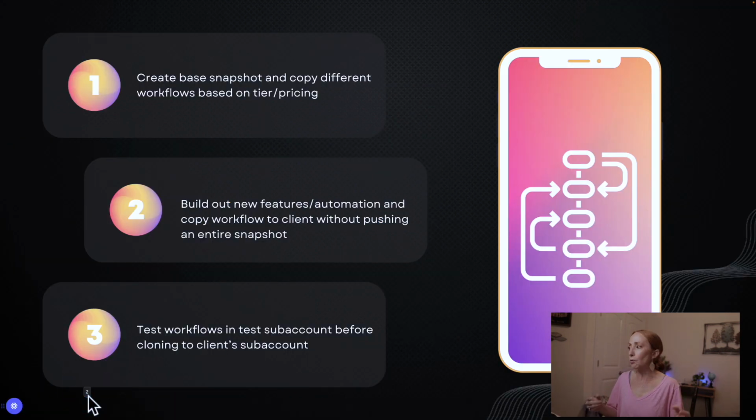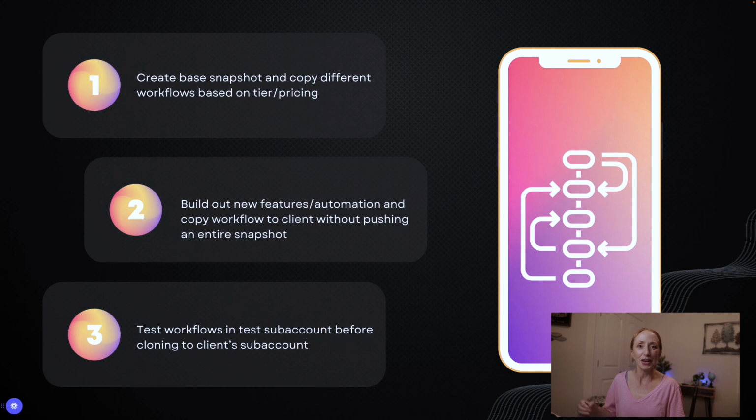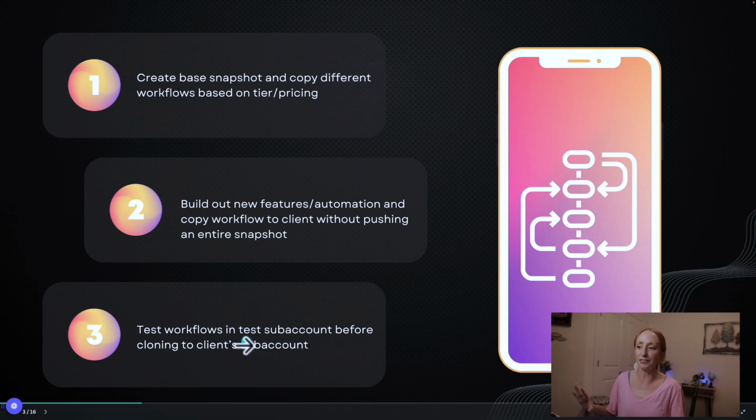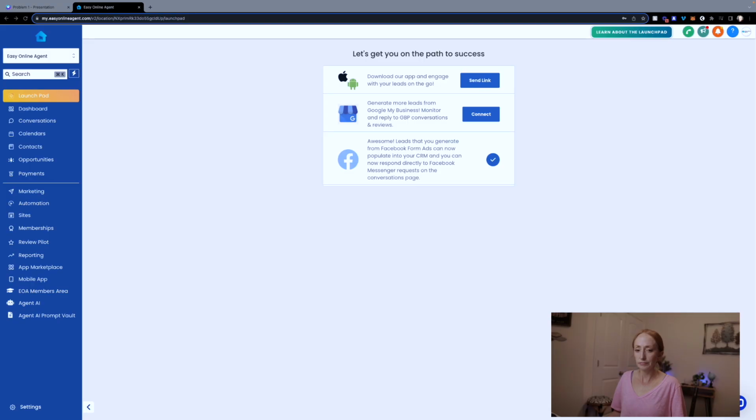So now we can have a separate sub account that we are testing workflows in before we are handing them over to a client, whether it's SaaS or otherwise. And you can do that in a test sub account. Again, get everything ironed out and then just copy that workflow and push it out to whatever client needs it. So let's hop in and I want to show you exactly how you can copy that workflow.